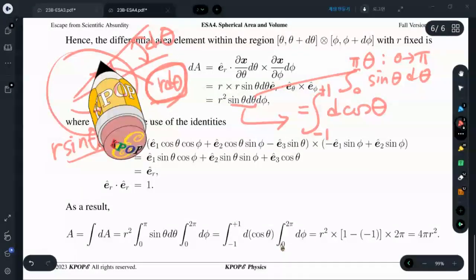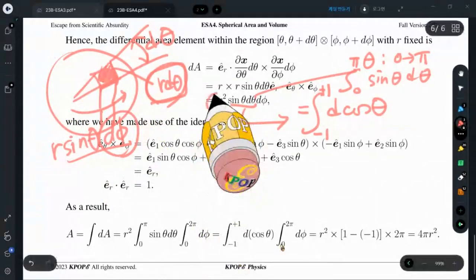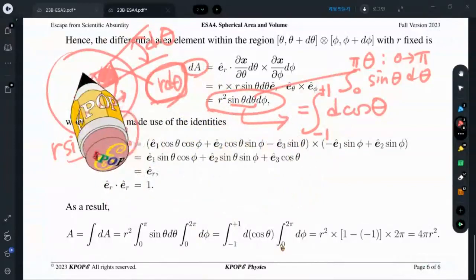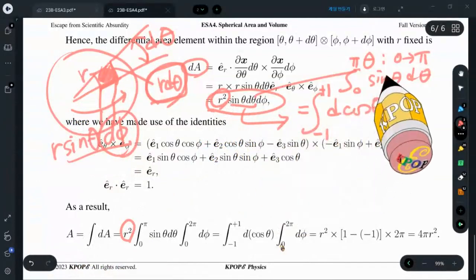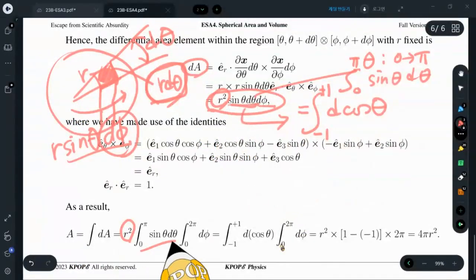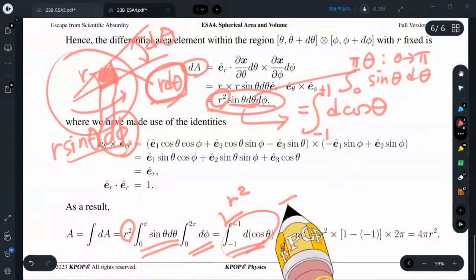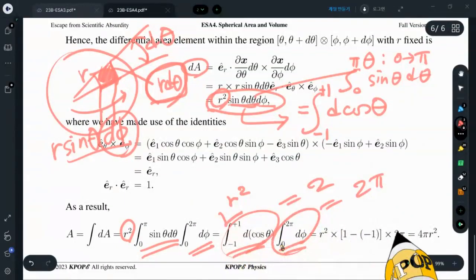As a result, the area of a sphere of radius r can be expressed as an integral of this differential form. This radius r is fixed. I pull out the r squared, and we carry out the angular integrals. These angular integrals are decomposed into two pieces. Here r squared is missing, and this one is just 2, and this one is 2 pi. That's the reason why we usually have 4 pi r squared.